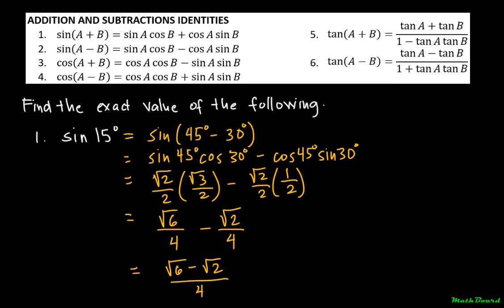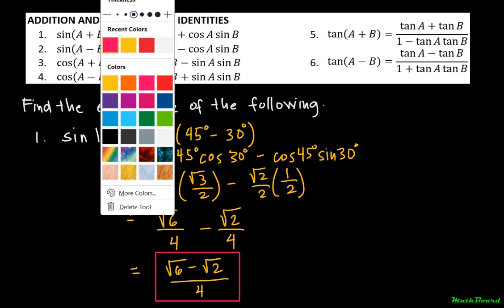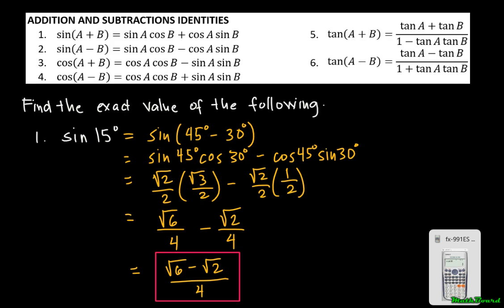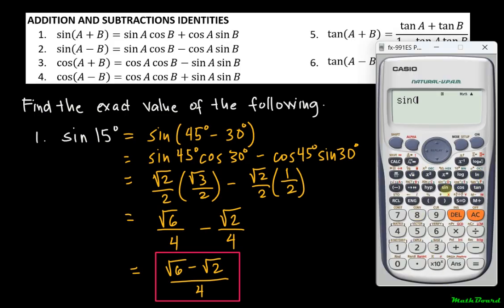And this is our final answer. If we want to check, we can use our calculator to see if we got the right answer. So sine 15 equals square root of 6 minus square root of 2 over 4.